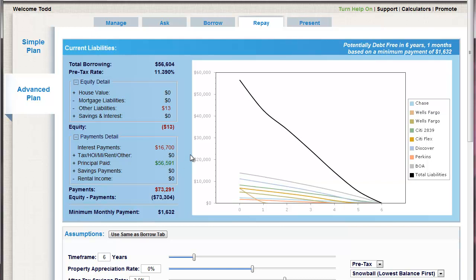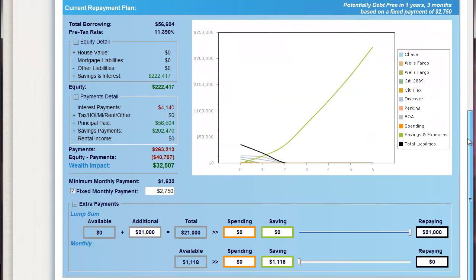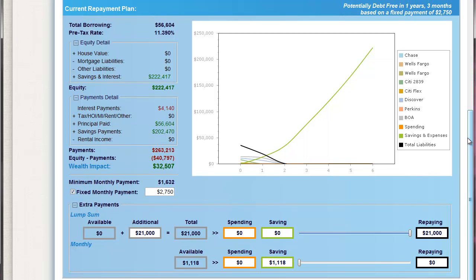Now, what this advisor did is pretty cool, and this is both experience as an advisor and experience using the software. They had an IRA that he felt, based on the high interest rates they were paying, they should go ahead and cash in, pay the penalty, and use it to make a lump sum repayment on those liabilities.